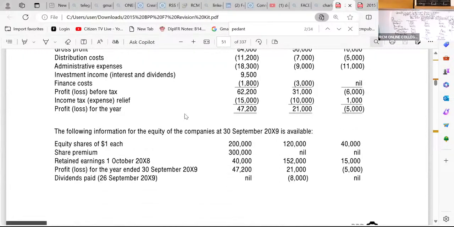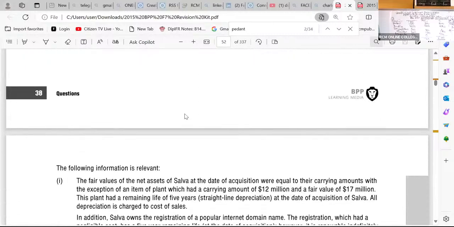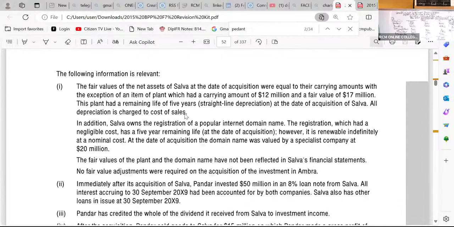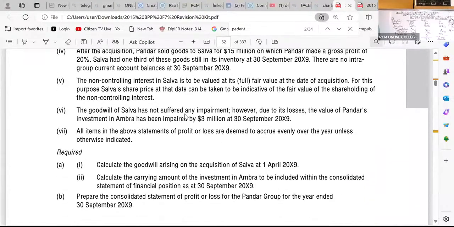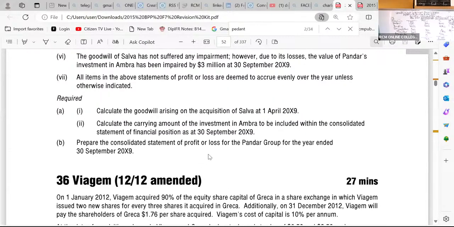So we have revenues, and so on, a lot of detail there. They want us to calculate the goodwill arising, and calculate the carrying amount of the investment in the associate. B, prepare the consolidated statement of profit or loss for the Pandar Group for the year ended 30th September 2019.